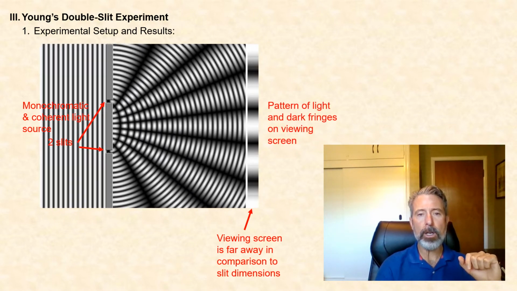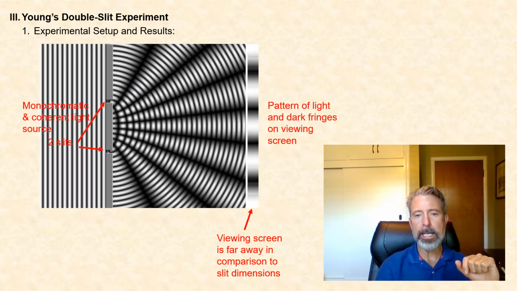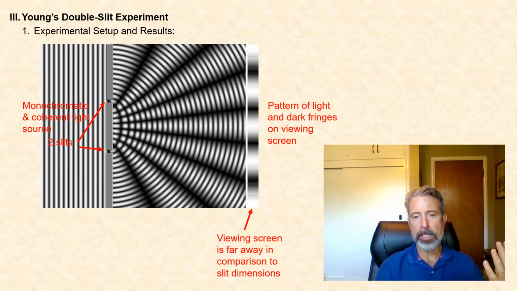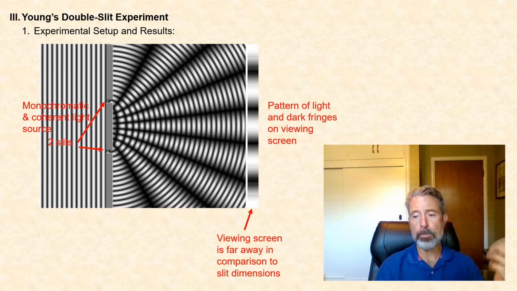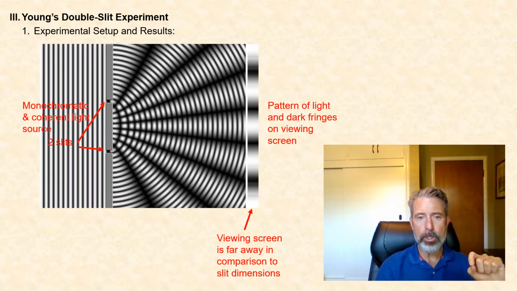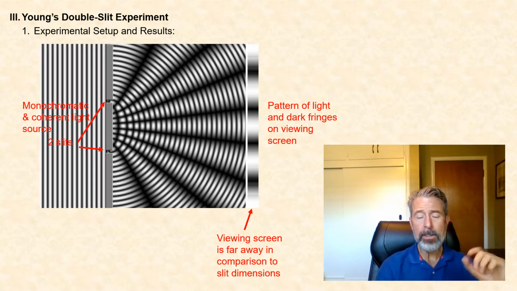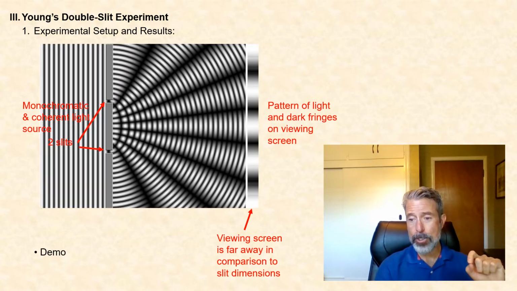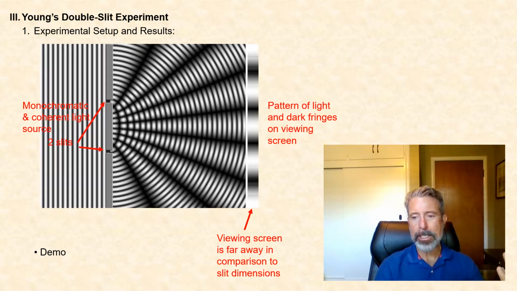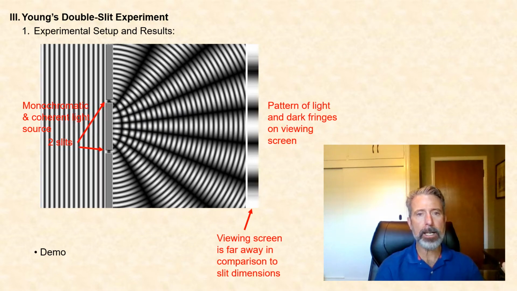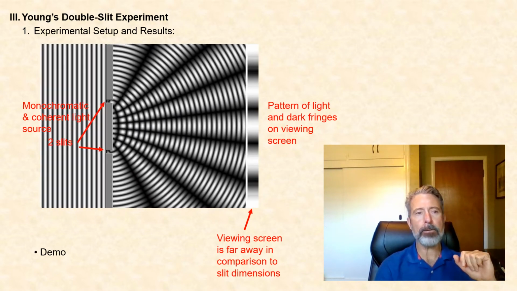On the screen we have this alternating pattern of light and dark fringes. This is our interference pattern. This simulation nicely shows these fringes being formed. In the next slide, we'll take a look at a real-time demonstration of this setup and the interference pattern produced.